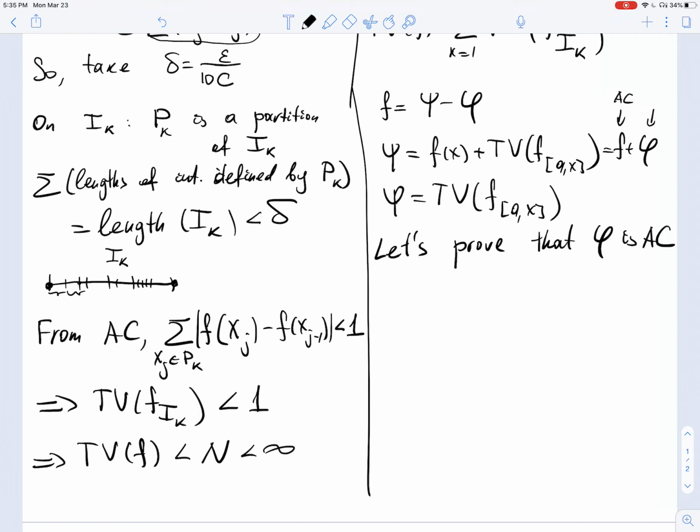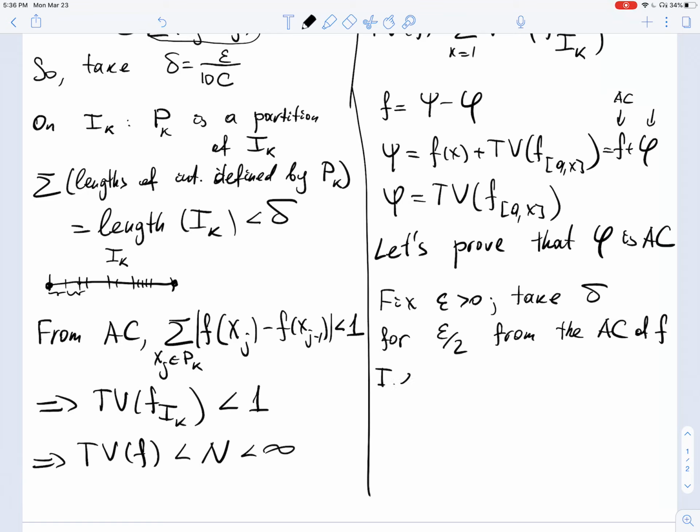All right, so we fix an epsilon and take delta for epsilon over 2 from the absolute continuity of f.